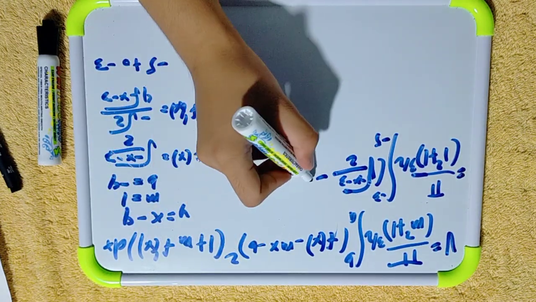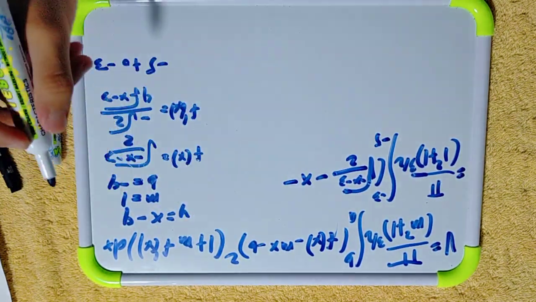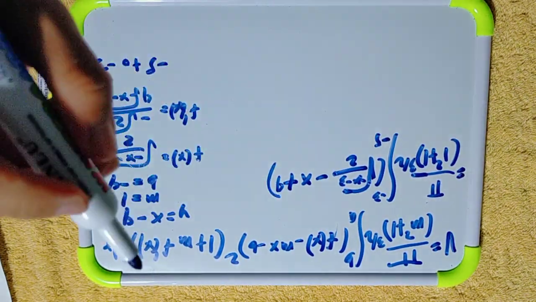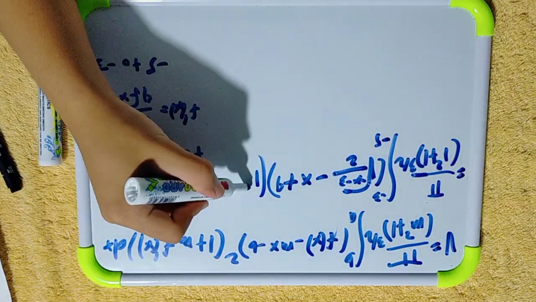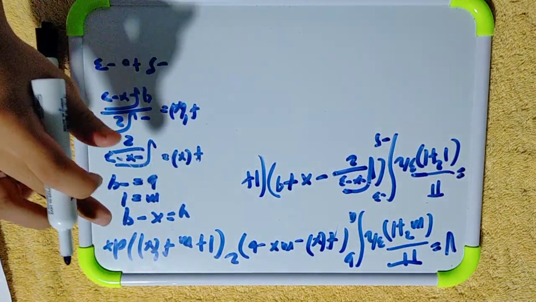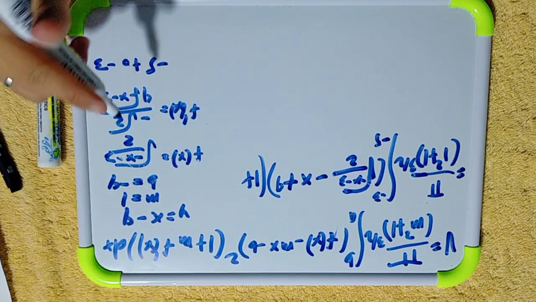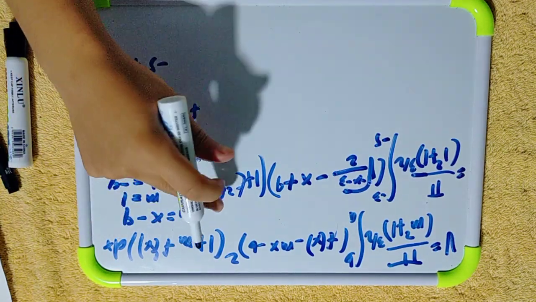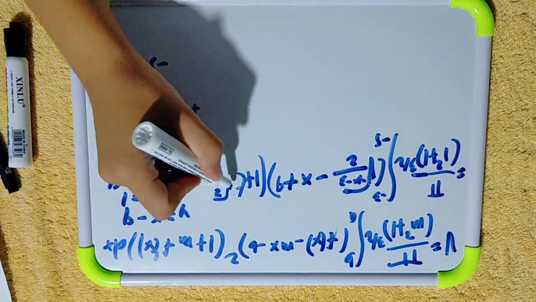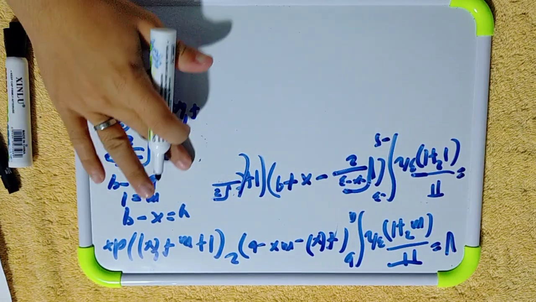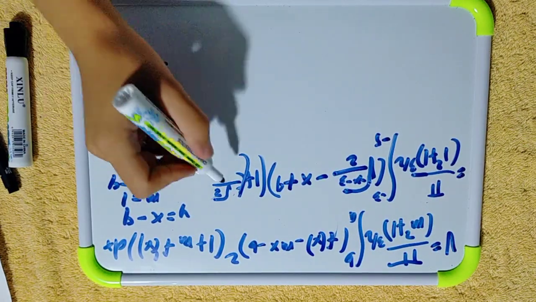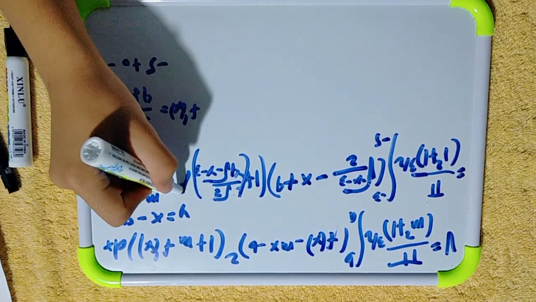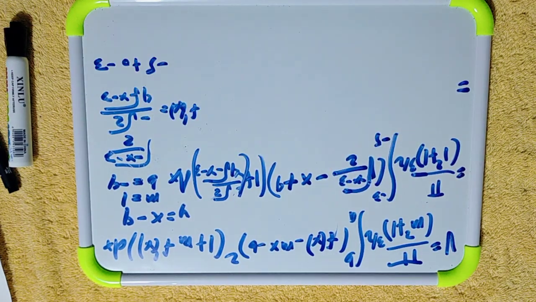minus 1 times x is x, then minus yung b natin is negative 4, so magiging plus 4, and then 1 plus yung m natin is 1, times yung f prime of x, which is negative square root of 2 all over 4 square root of negative x minus 3, dx. So, solve na natin yan.